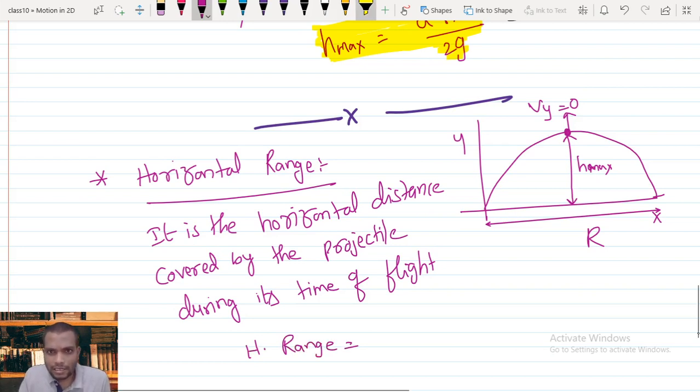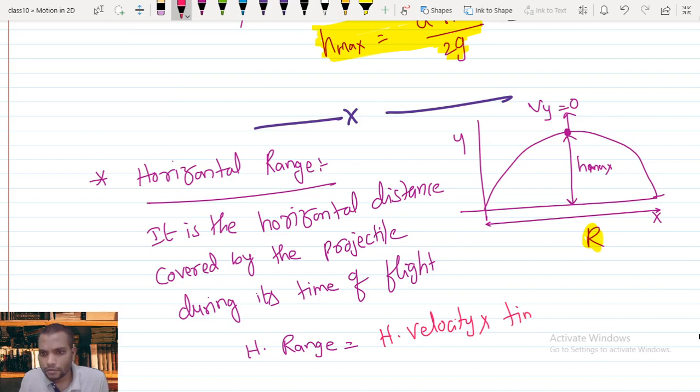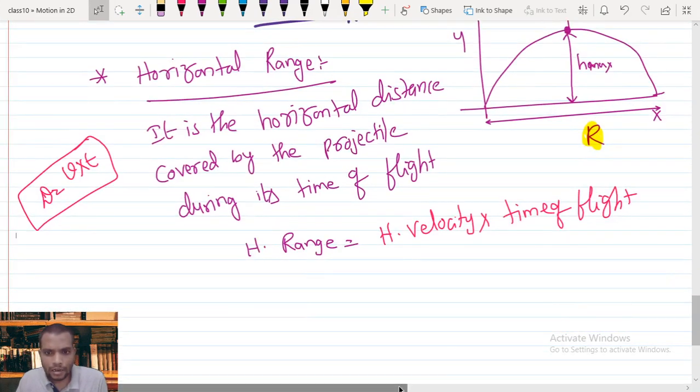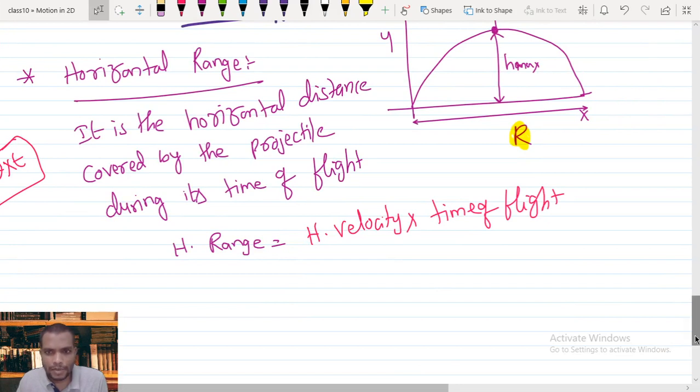Here the range is nothing but distance. Horizontal range equals the horizontal velocity times time of flight, just like the distance formula: distance equals velocity times time. It is the horizontal velocity only, not the vertical or both together, times the time of flight.